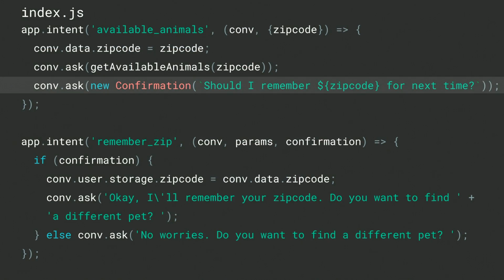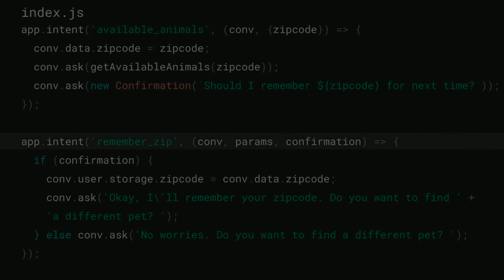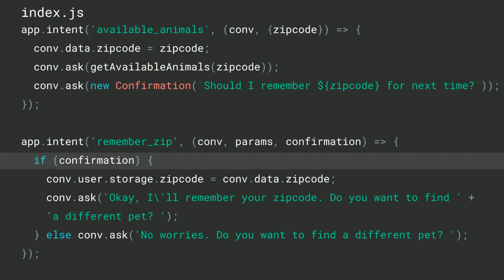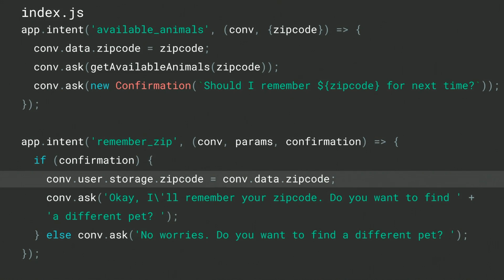So that's the first turn of conversation after the user gives a zip code. Then it goes to the user, and the user says yes or no. If the user says yes or no, it's going to hit our remember zip intent, and it's going to pass in confirmation into that particular function. And if it's true, if they did say yes, what we're going to do is get from conv.data, which is short-term saving of data, that zip code and now add it to conv.user storage.